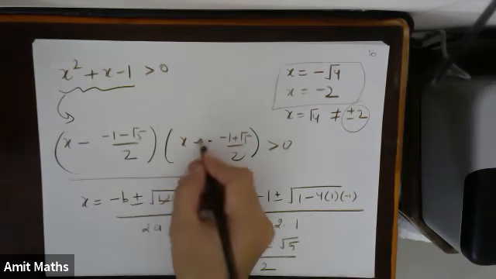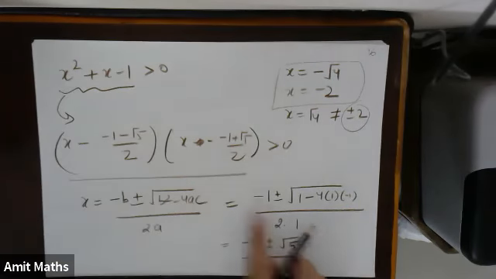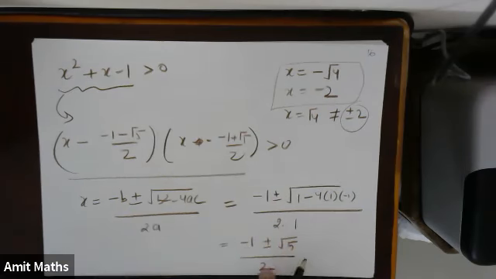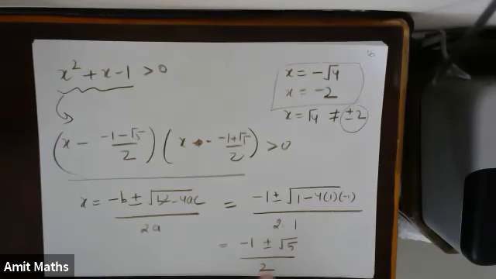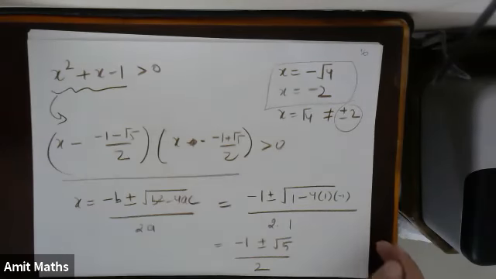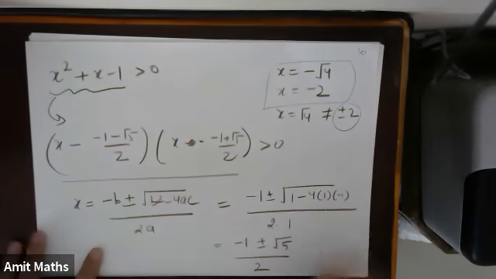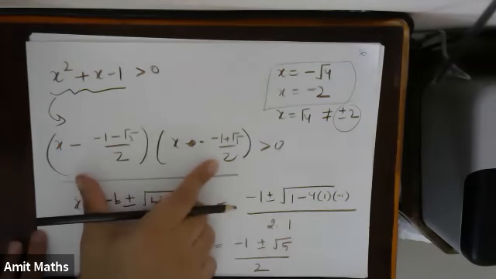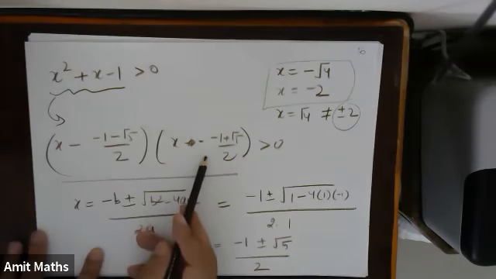That is why I've written these two factors, x minus (minus 1 minus under root of 5)/2 and x minus (minus 1 plus under root of 5)/2. Using these two roots, I can get the solution using the wavy curve method.